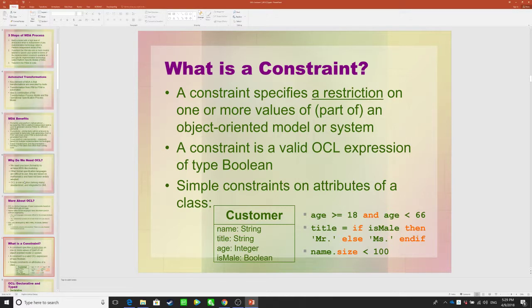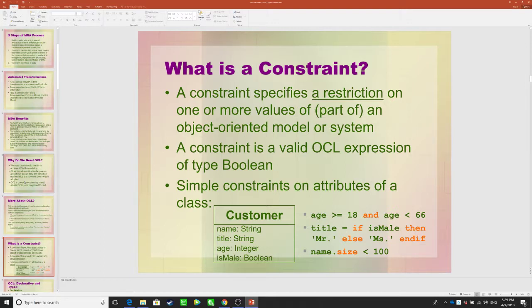So title has to equal Mr. or Mrs. You can easily understand that with the first glance of this OCL, right? So that's pretty easy, right? Title equals, but this logic, you know how to program this logic.